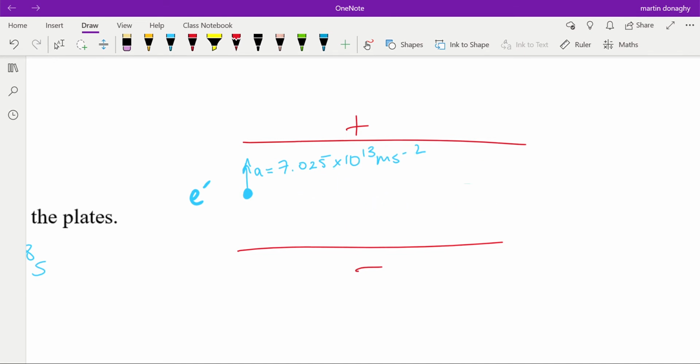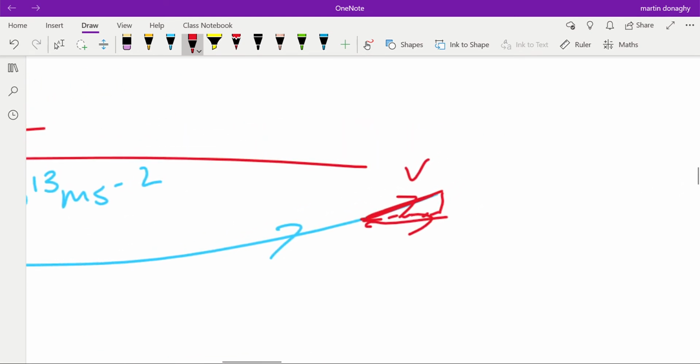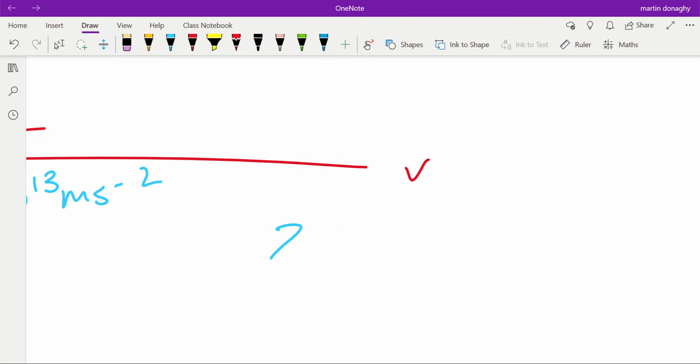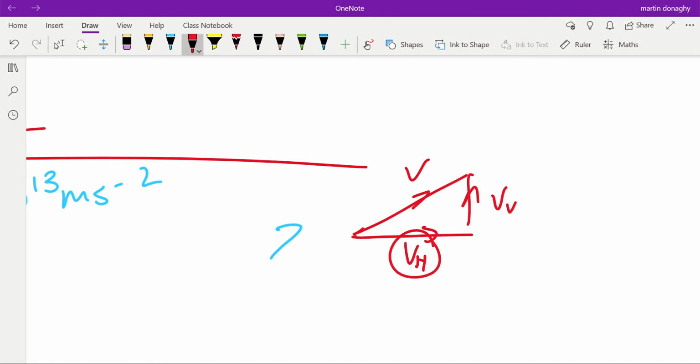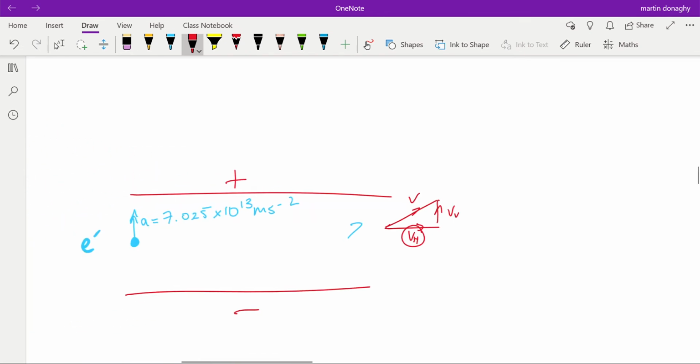So it's going to take a parabolic path, and at the end, its velocity will have both a horizontal and a vertical component. But of course, the horizontal component doesn't change, because the acceleration only acts in the vertical direction.